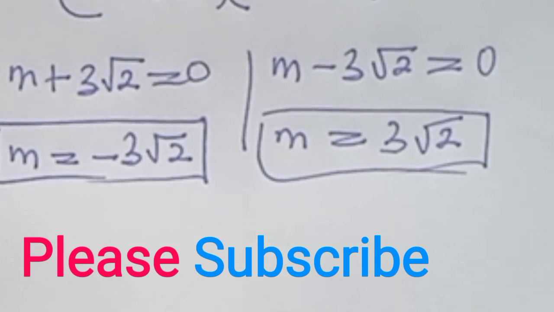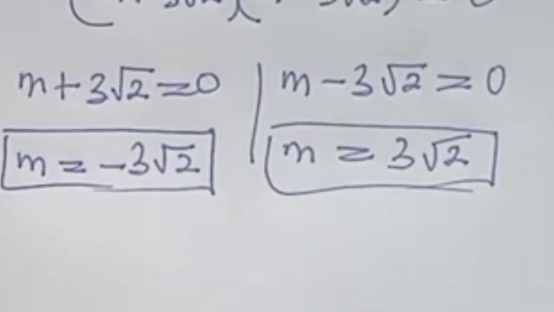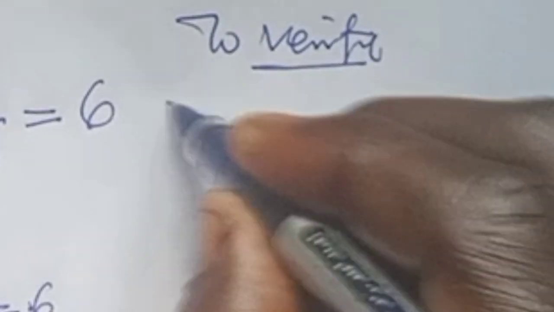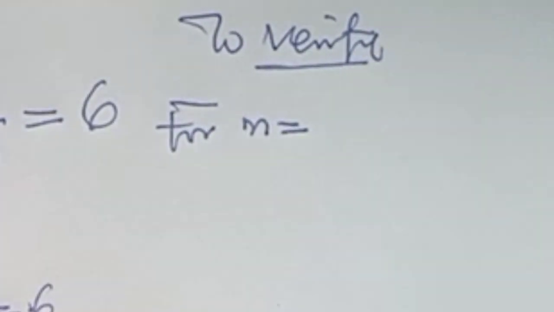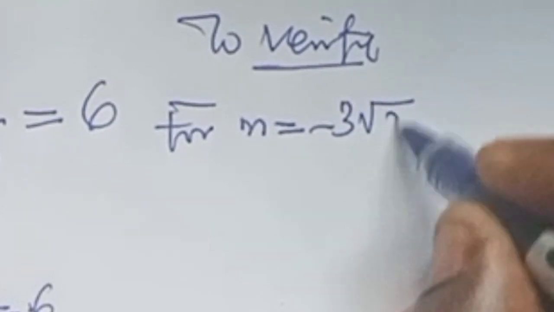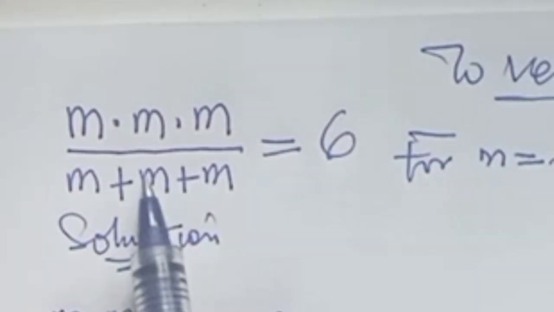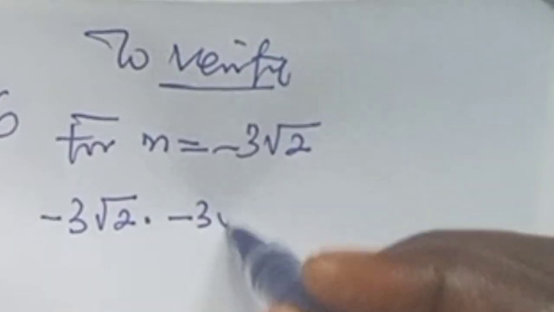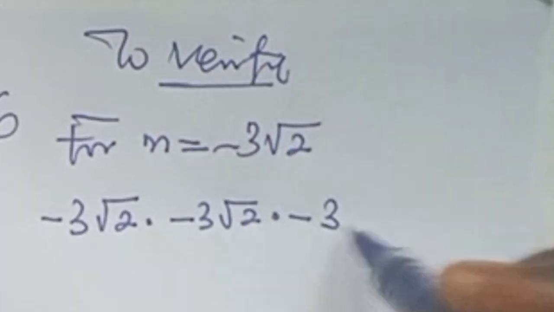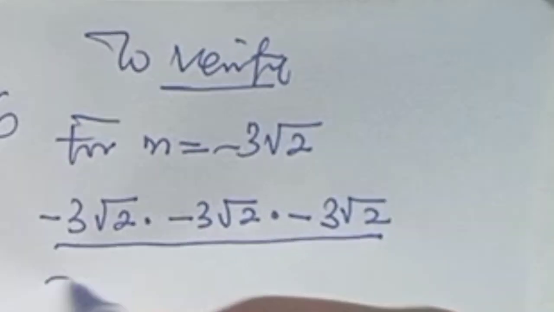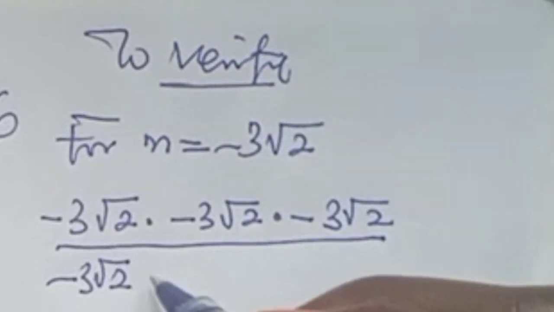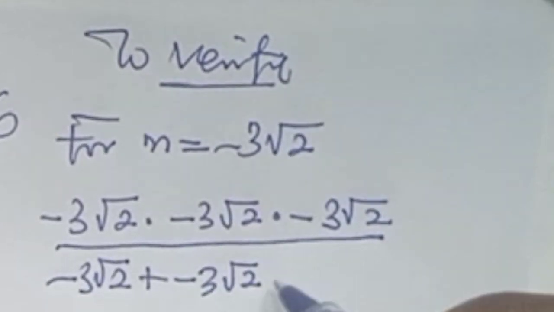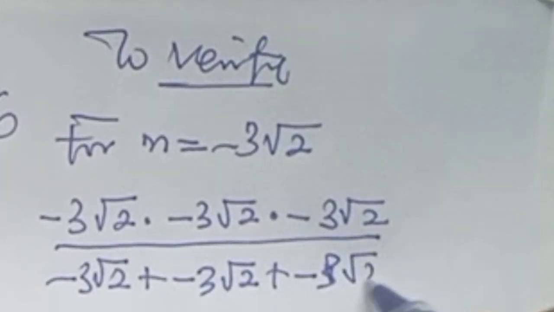So we're going to proceed to verify the values we got for m. For m equal to minus 3 square root of 2, if you put this in our original equation, what we have will be minus 3 square root of 2 times minus 3 square root of 2 times minus 3 square root of 2, all over minus 3 square root of 2 plus minus 3 square root of 2 plus minus 3 square root of 2.